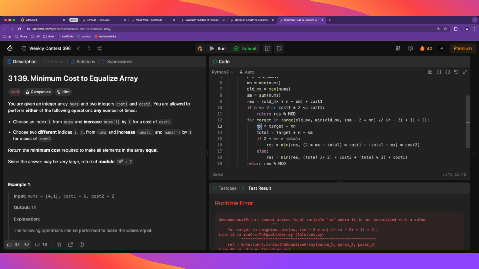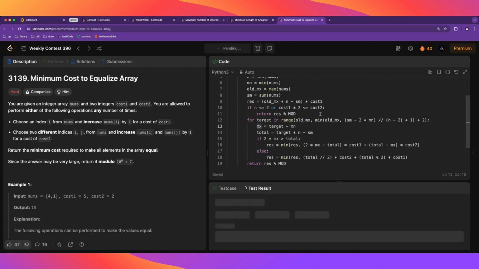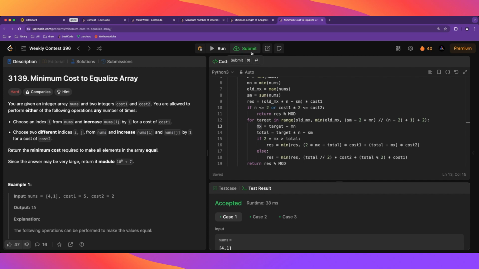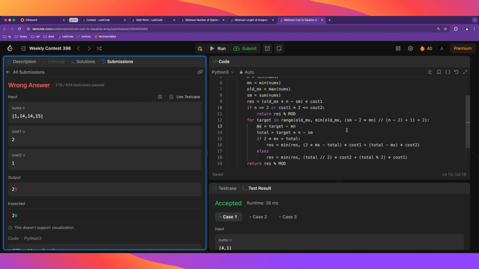I mean, it's the max of the differences, so that's confusing, but okay. And whoa, wrong answer. Let me check.